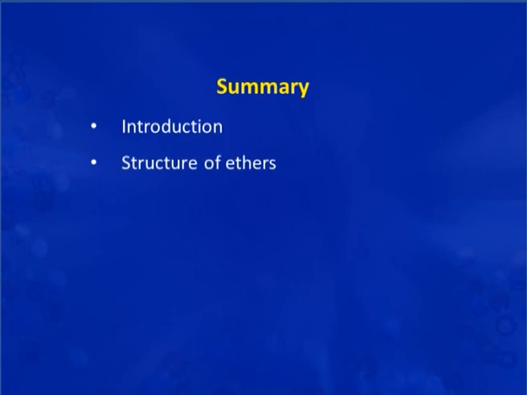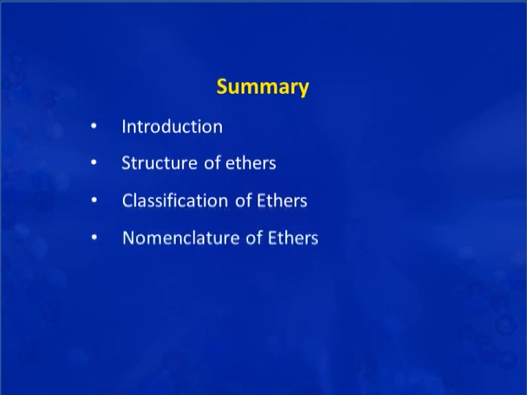We discussed in today's lecture the structure of ethers, the classification associated with ethers, and in detail the nomenclature of different types of ethers. Then we discussed the isomerism shown by ethers. The two isomerisms shown by ethers are functional isomerism with the alcohol molecule and metamerism shown within ether molecules.